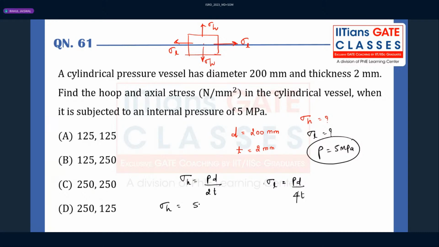So P is 5, internal diameter is 200 mm, 2 into t, what is t? 2. So now when you calculate hoop stress, you will get 1000 divided by 4, that is 250 megapascal. Longitudinal stress will be 125 megapascal. So answer D should be correct.